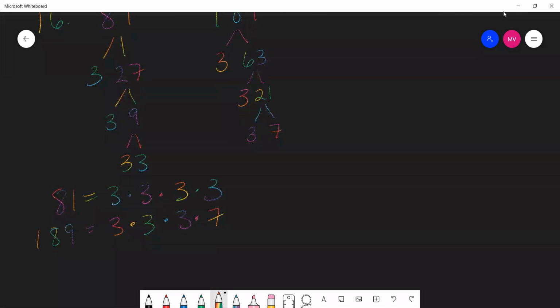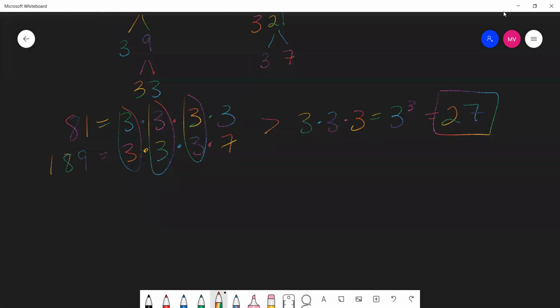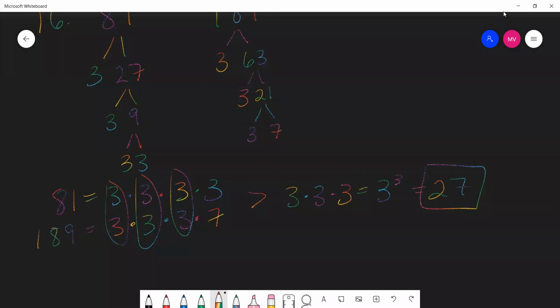So no, I was sort of close, but not really. It's actually larger than 9. It looks like our common prime factorization here is 3 times 3 times 3. You can also write that as 3 cubed, which is 27.